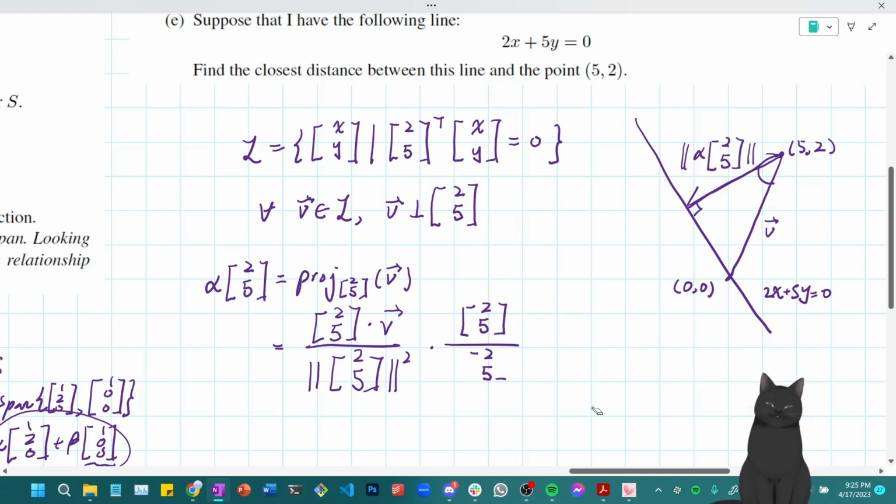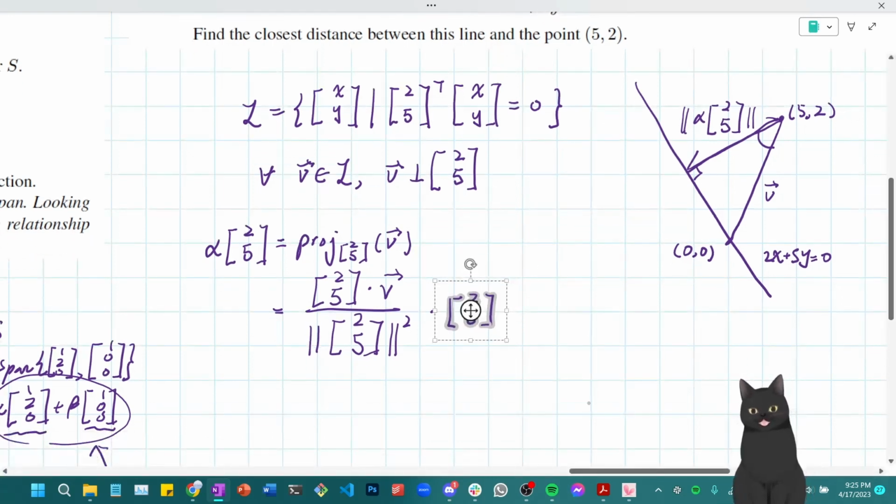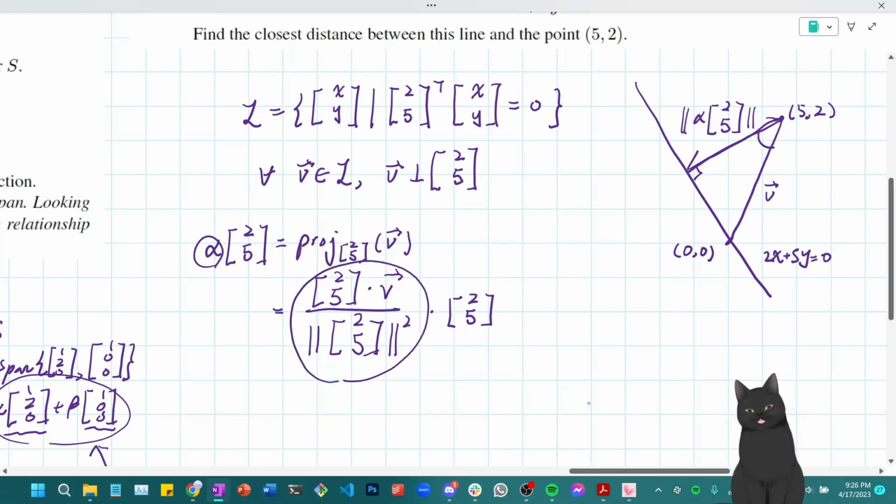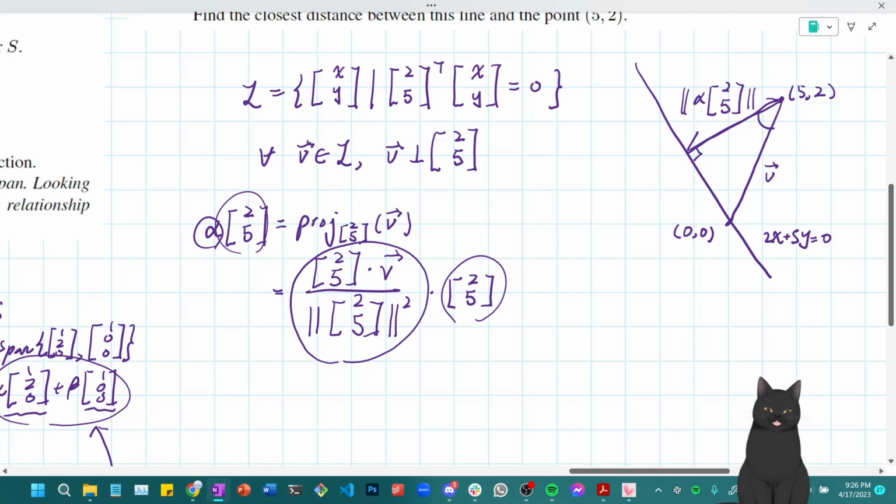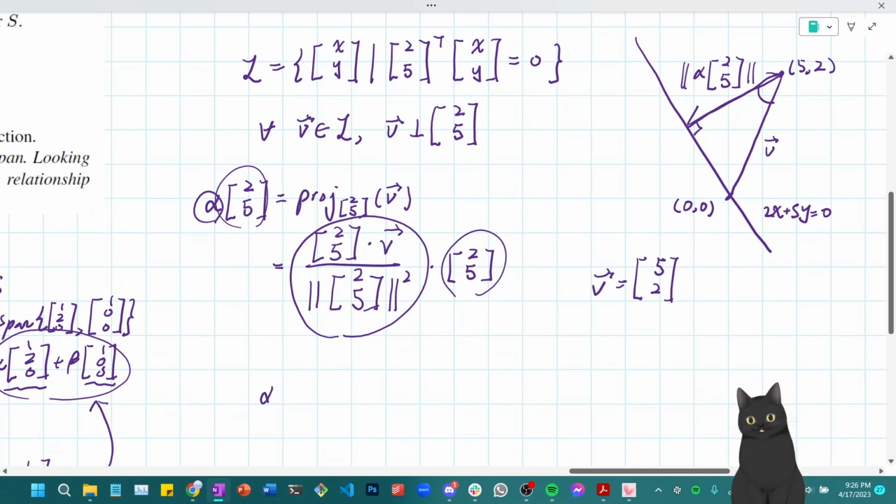But we have actually encountered that already in the original formula, so we're actually just multiplying by (2, 5). I am stuttering. Okay, so let's try to calculate this value, where alpha is directly equal to this constant here, and (2, 5) is just equal to (2, 5). So we can notice that v is actually equal to (5, 2), because it's a vector that goes from (0, 0) to (5, 2). So alpha is equal to (5, 2) dot (2, 5) over (2, 5) dot (2, 5).